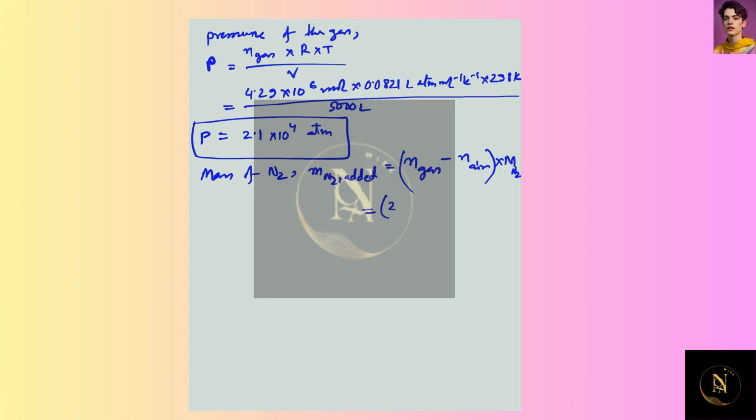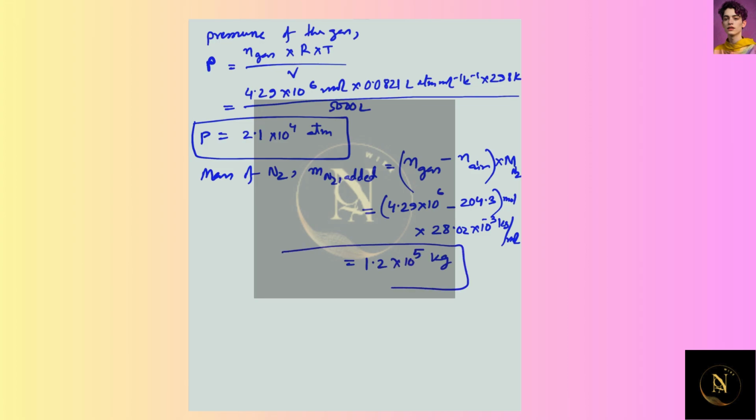Therefore, 4.29 multiplied by 10 to the power 6 minus 204.3 mole multiplied by the molar mass of nitrogen, which is 28.02 multiplied by 10 to the power -3 kg per mole. Therefore, we get the mass of nitrogen is 1.2 multiplied by 10 to the power 5 kg.